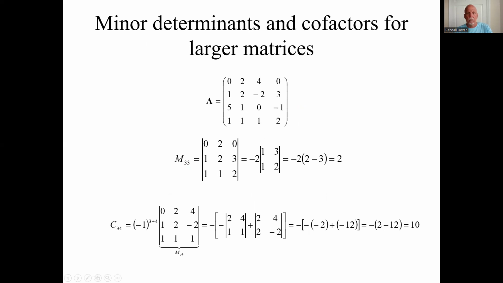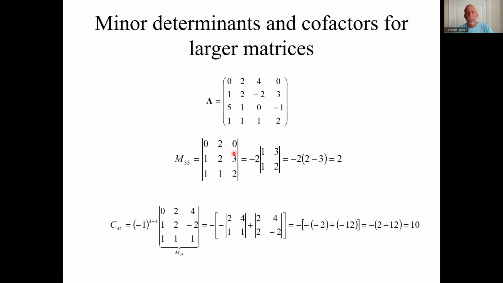Row 3, column 3, so the remaining matrix should be 0, 2, 0, 1, 2, 3, 1, 4, 2. We've got the third row and the third column. That's the minor determinant. Now we've got a 3 by 3 matrix to find a determinant of.